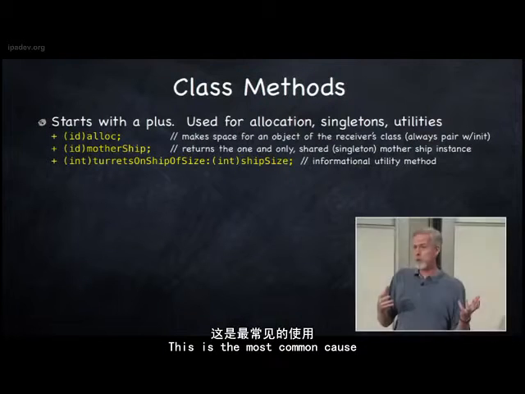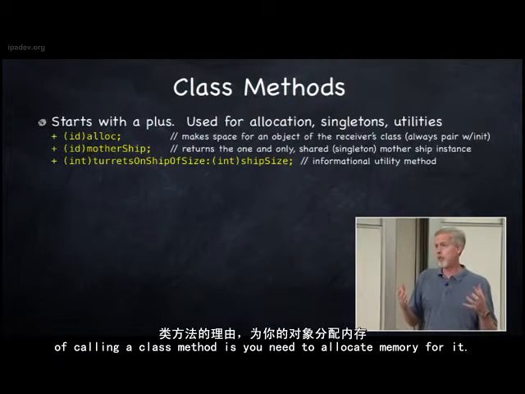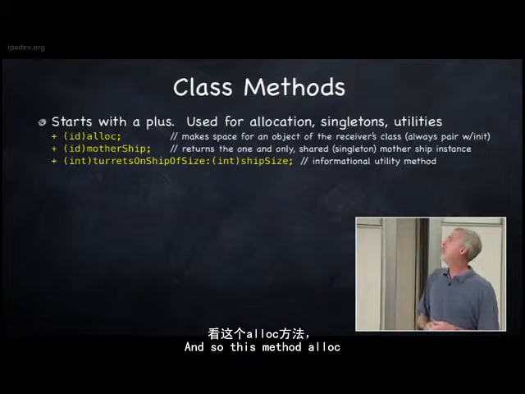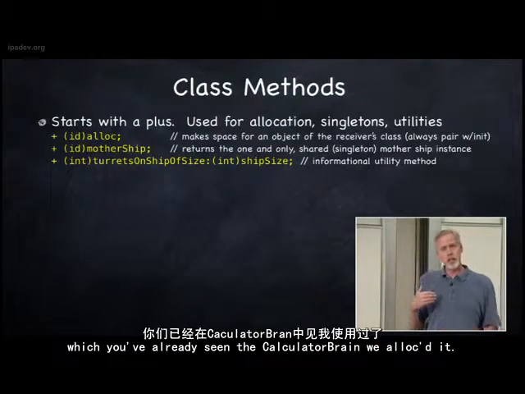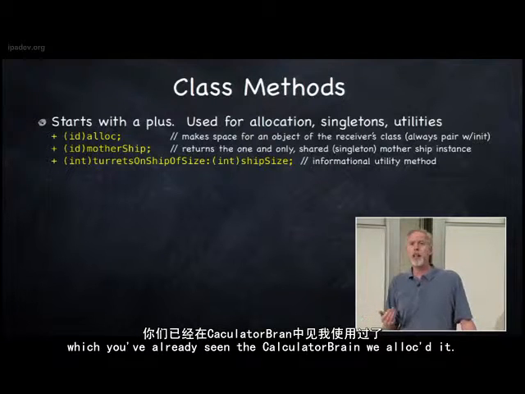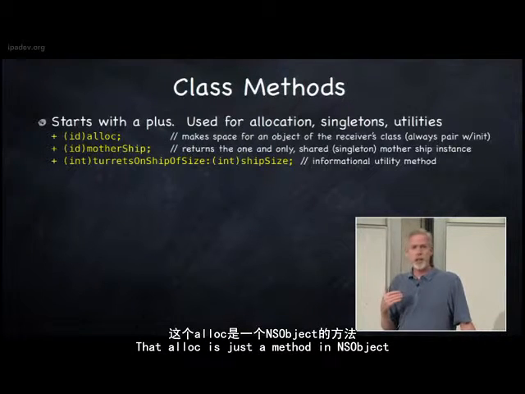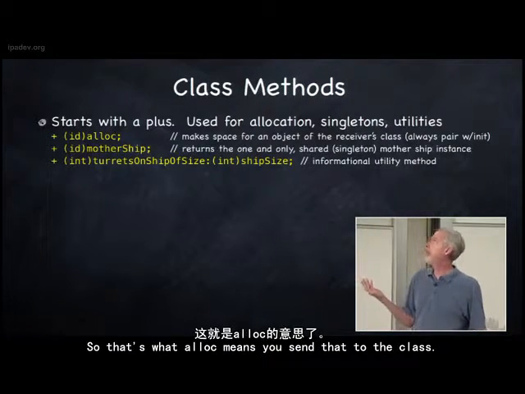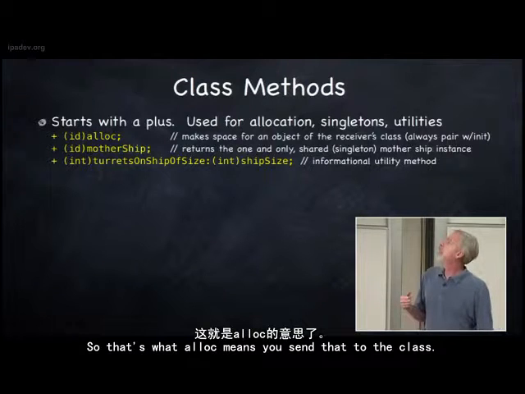This is the most common cause of calling a class method: you need to allocate memory for it. And so this method alloc, which you've already seen, the calculator brain, we alloced it. That alloc is just a method in this object that says allocate enough memory to hold this object, all its instance variables. So that's what alloc means. You send that to the class.